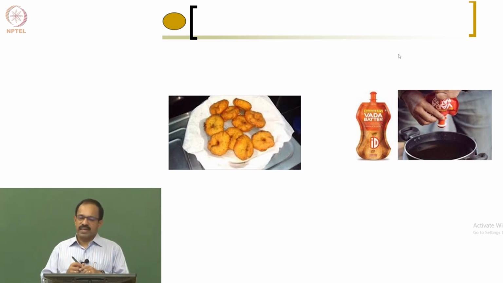This product is like a package, and it has a cap at the top side of it. There is a particular design. So the moment you squeeze this tube, you will get a shape with a central hole. So without any particular effort, you will be able to make medu vada. That is the product which he came out with.